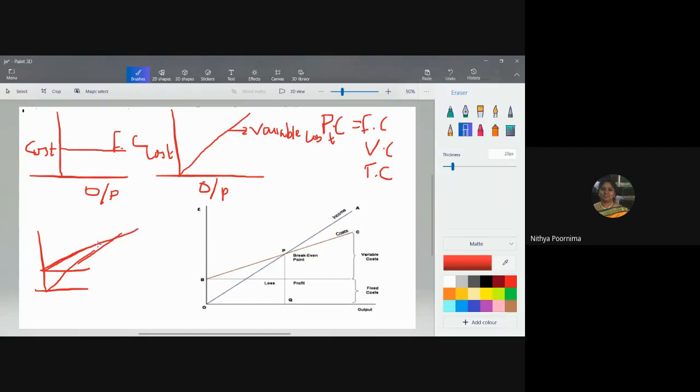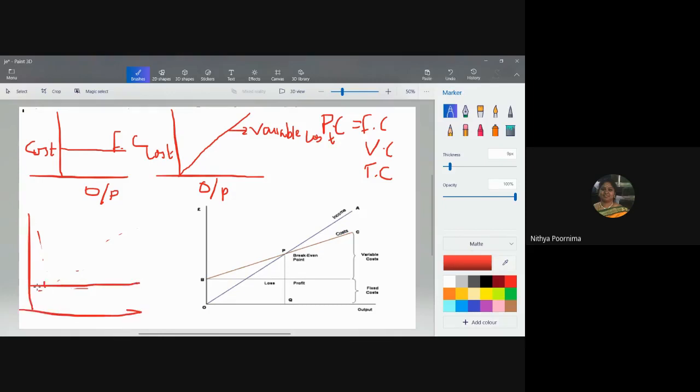Sorry, let me draw this back. This is your fixed cost. This is your variable cost. This will be your total cost.